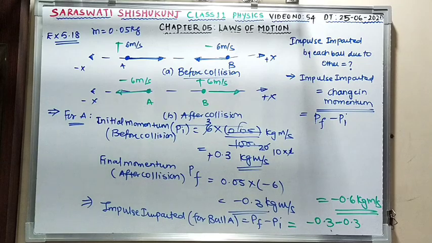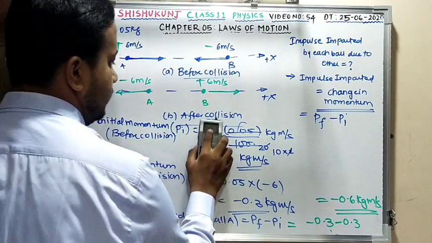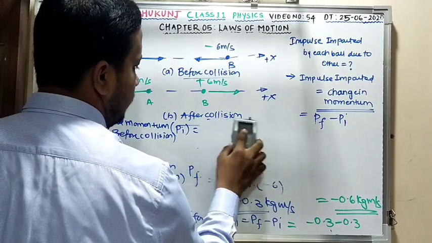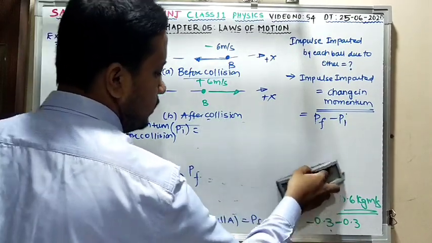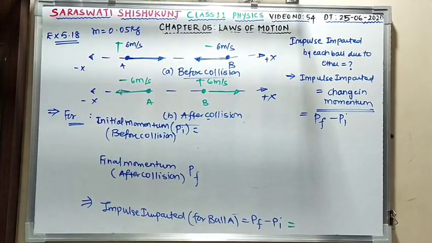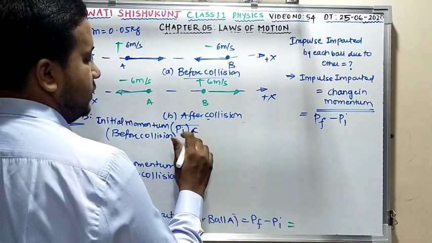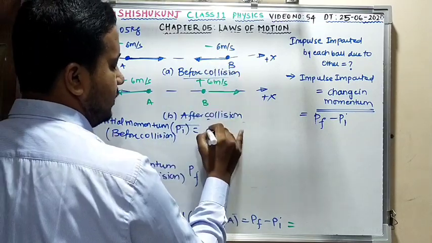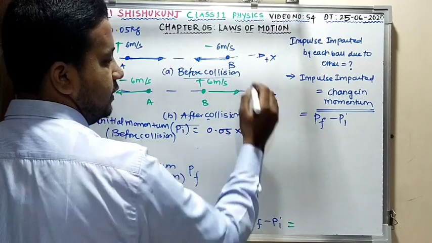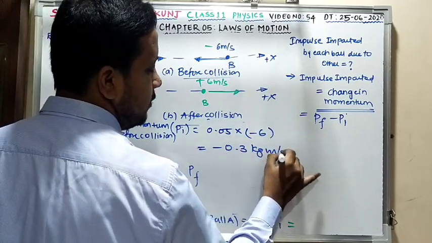Now I want to find out for ball B. So I am just changing the letter over here. For ball B, I calculate the initial momentum Pi. That is 0.05 and initial velocity is minus 6. The answer is minus 0.3 kg meter per second.